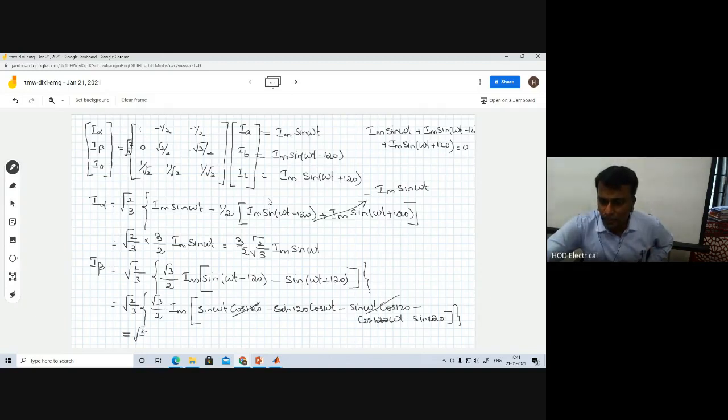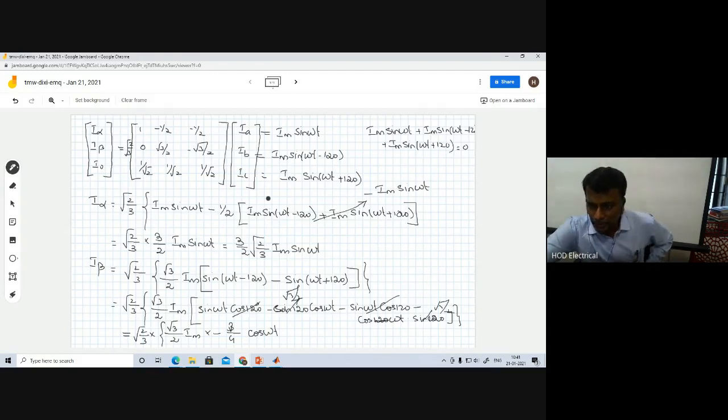So we have root 2 by 3 into root 3 by 2 Im into minus of sine 120, which is root 3 by 2, and again sine 120 is root 3 by 2. So we have minus root 3 by 2, 3 by 4 cos omega t.